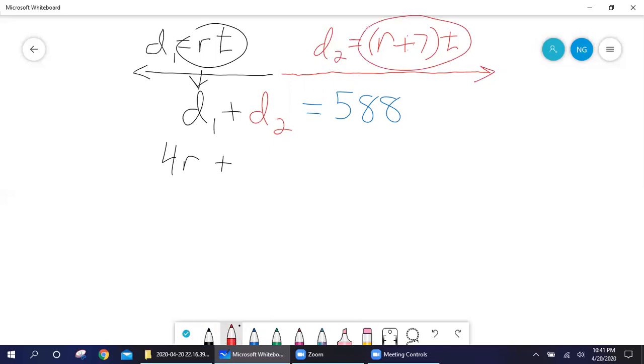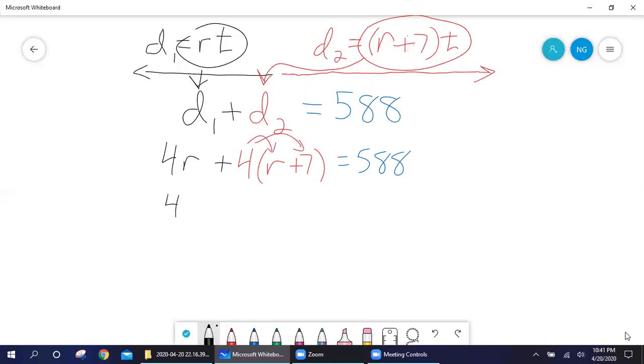Distance 2, I can substitute in. And again, I know that time is 4. So this is going to be 4 times R plus 7 equals 588. From here, I can solve for R. I've got to distribute.